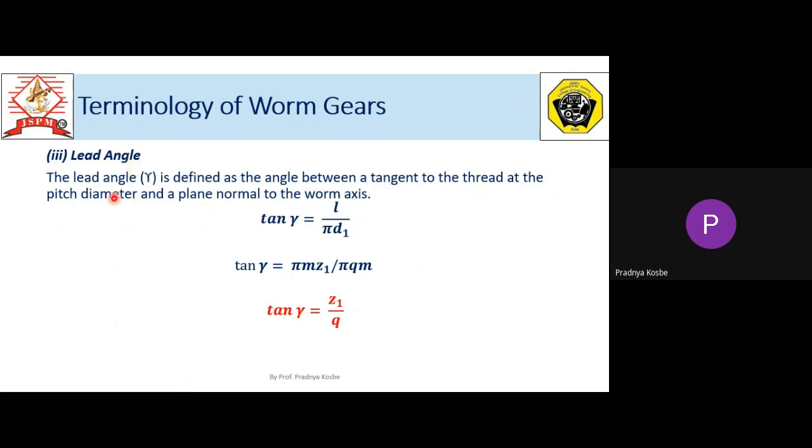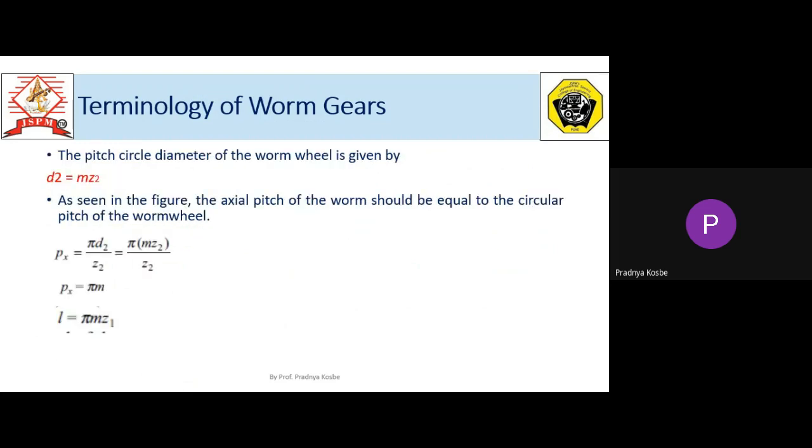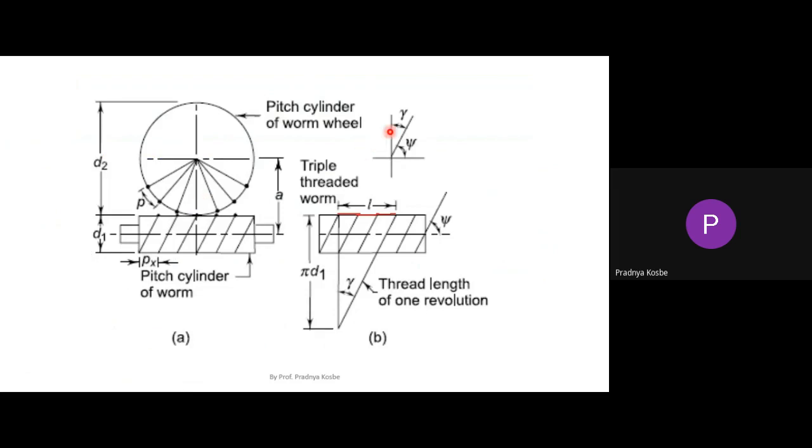Then lead angle. Lead angle is defined as the angle between the tangent to the thread at the pitch diameter and a plane normal to the worm axis. So you can see here, lead angle is the angle of the tangent to the thread.